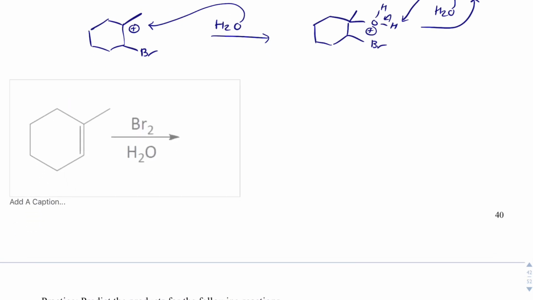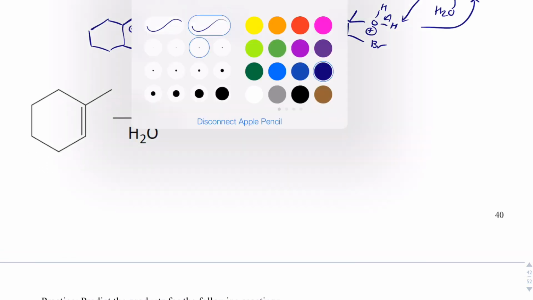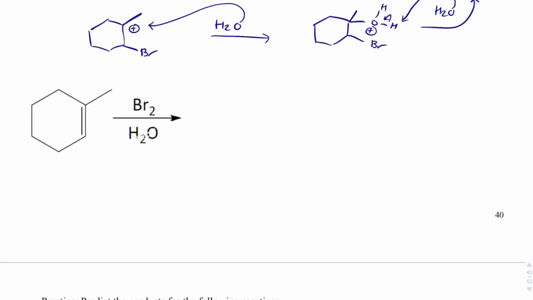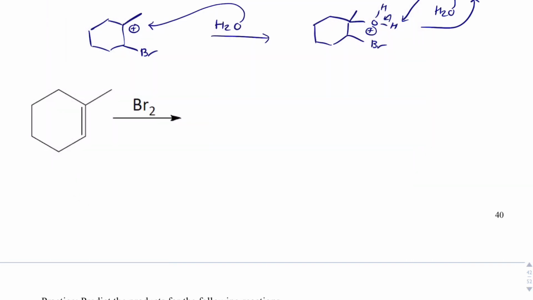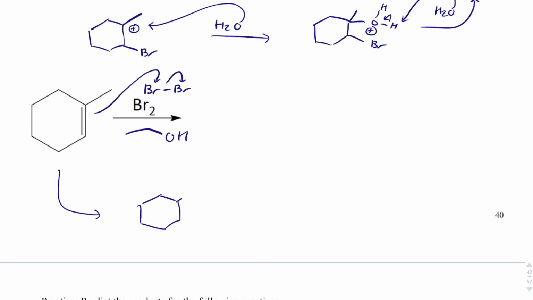What if instead of water, let's say it was ethanol? It's still going to start out the same. Take a bromine. Bromine gets added to the least substituted, so we have a tertiary intermediate.